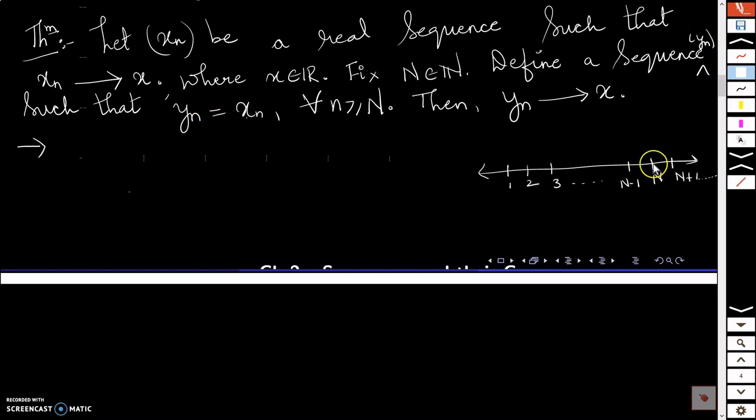Define a sequence yn such that after this natural number capital N, that means when I take all the natural numbers after capital N, the terms of the sequences xn and yn are the same for all natural numbers small n which are bigger than or equal to this capital N. That means x_N is equal to y_N, x_(N+1) is equal to y_(N+1), x_(N+2) is equal to y_(N+2), and so on.